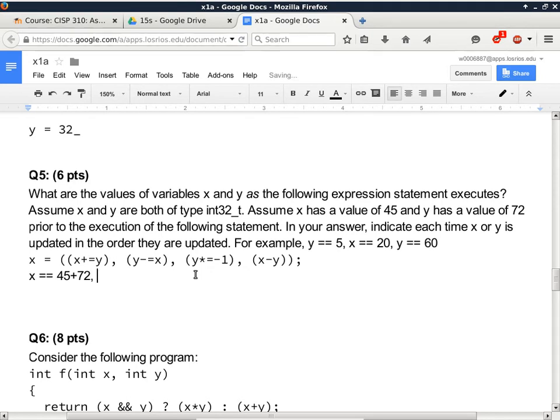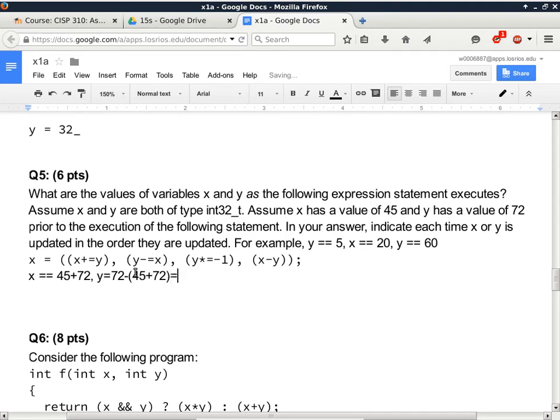The second update is in the second sub-expression, which is this one here. So y is going to be updated already, x, okay, I take it back. Y at this point is still the same value, which is 72, but x has updated already. So you cannot just say that x is 45. X is actually 45 plus 72.